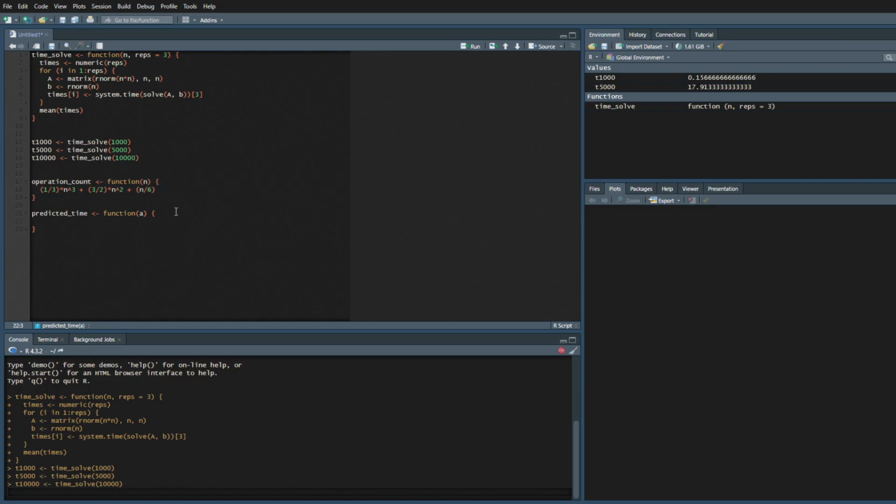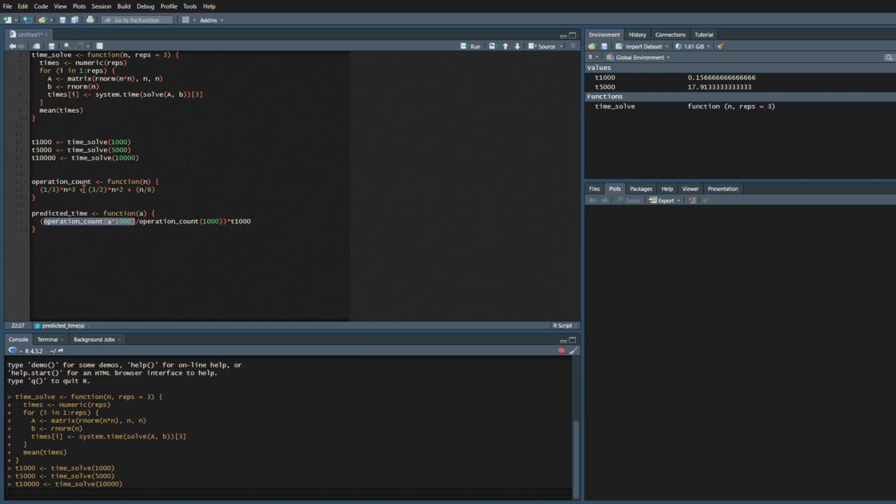Maybe that doesn't make sense, but let's just write it out. Do the operation count for some constant a multiplied by 1,000, divided by the operation count for 1,000. And then I'm going to multiply this ratio by the actual time we observed for the computer to solve a 1,000 by 1,000 system of equations. So what this function is going to do is take the operation count, which the computer can compute instantly.